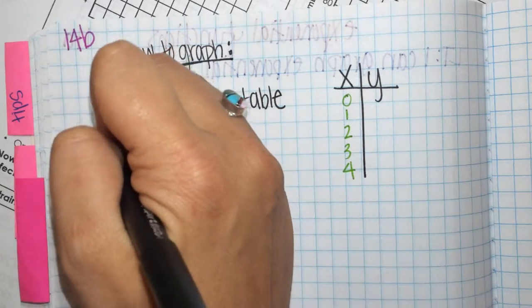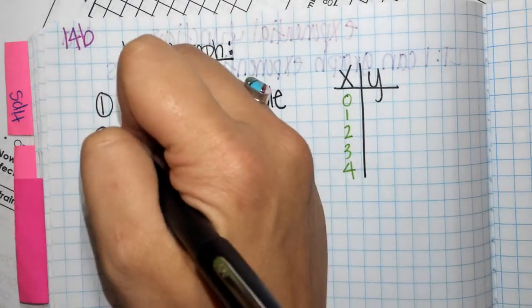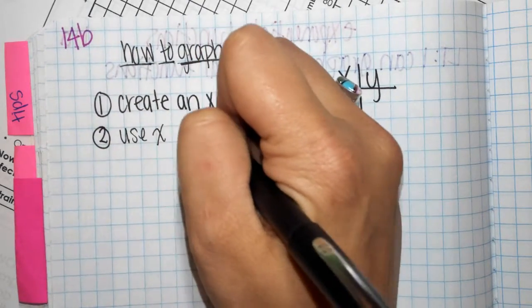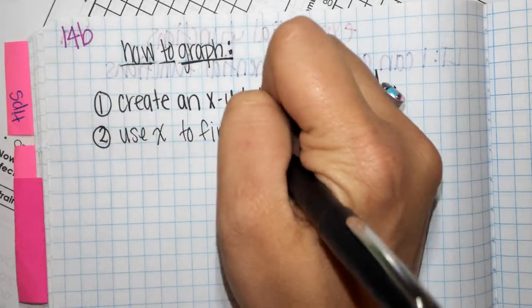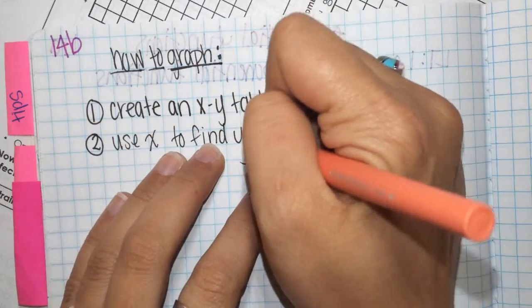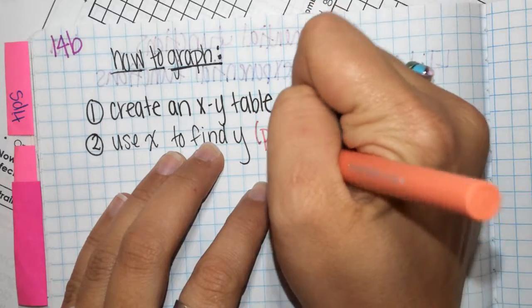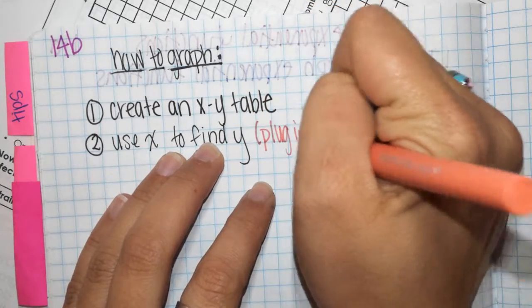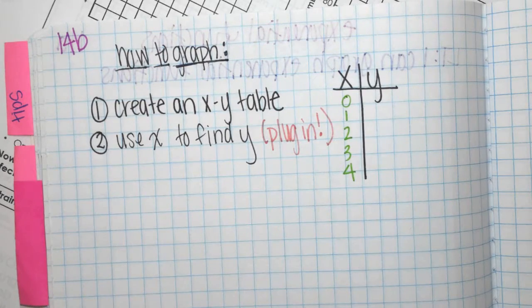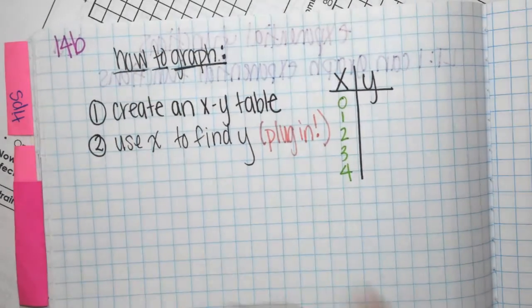The next thing you do, step 2, is use your x to find y, which means we plug in. So we would take these, we would plug these into our function.